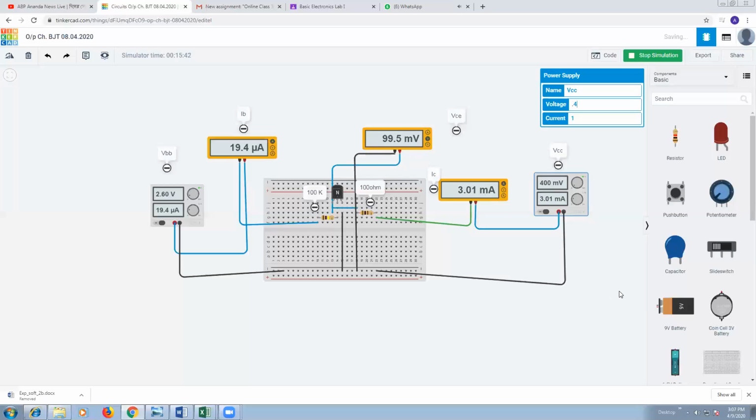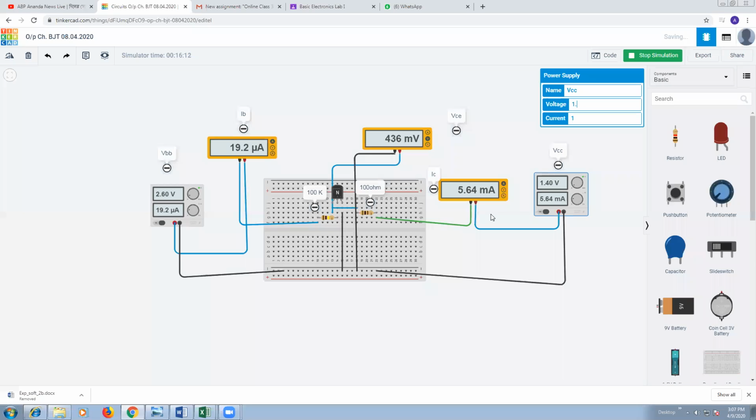Similarly, millivolt VCE, and at 4.5 volt, 4.65 milliampere IC. By this we can proceed with 0.8 or 1, then 1.2, 1.4, 1.8, like that.